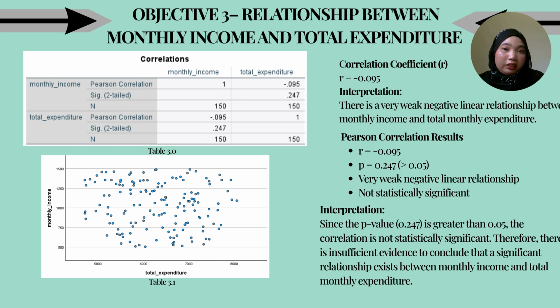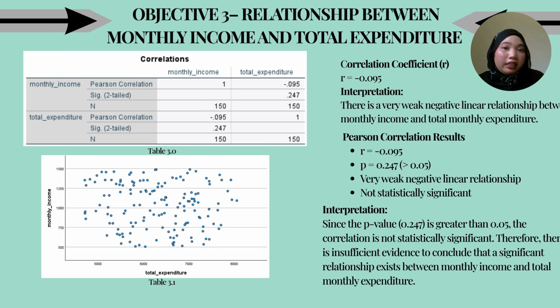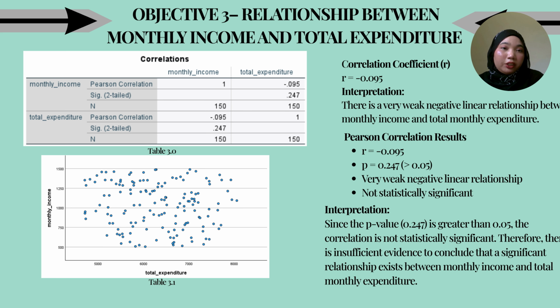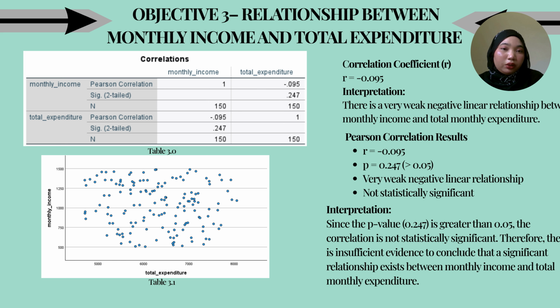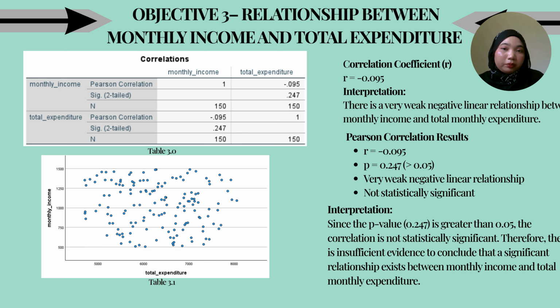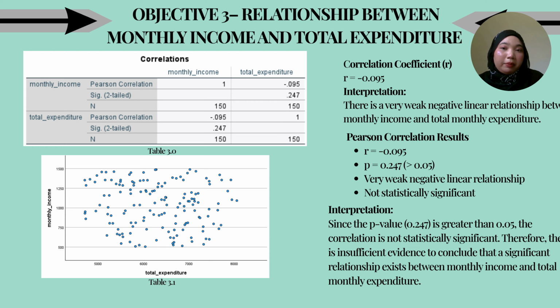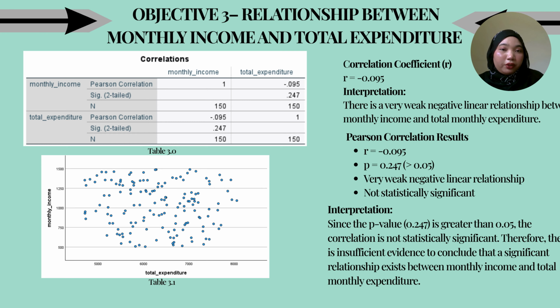We interpret this as a very weak negative linear relationship between monthly income and total monthly expenditure, as you can see in Table 3.0.